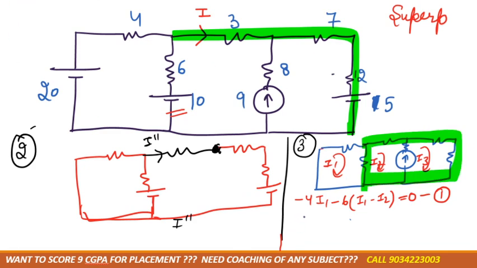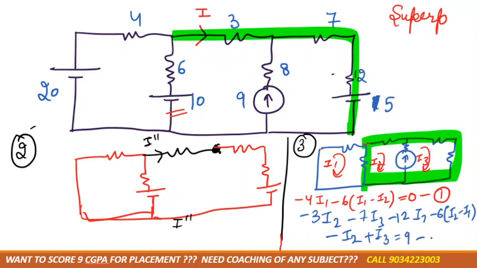Because there is a current source, minus I2 minus I3, then minus 6 I2 minus I1 is equal to. Now tell me the third equation: minus I2 plus I3 equal to 9. Yeah, one and the same.